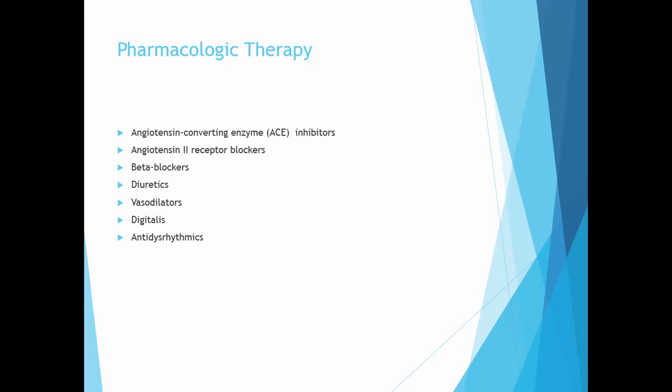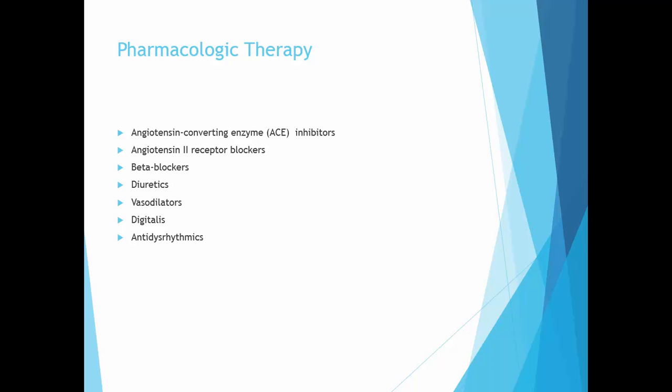Beta blockers are used to improve cardiac function by inhibiting the sympathetic nervous system activity. It is used in low doses because it reduces the force of myocardial contractility. Diuretics are used to relieve the symptoms of fluid overload.